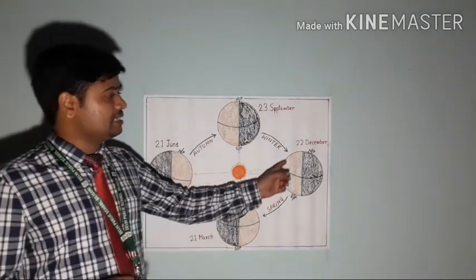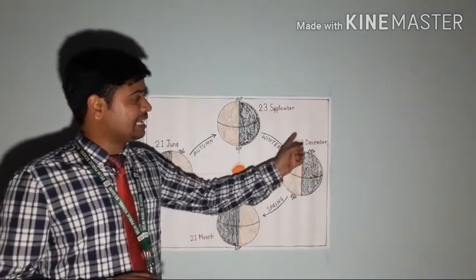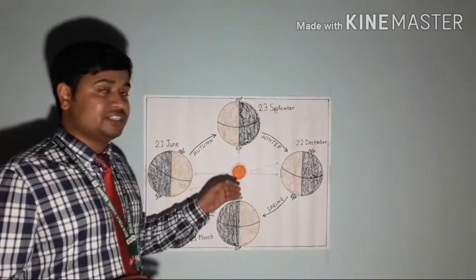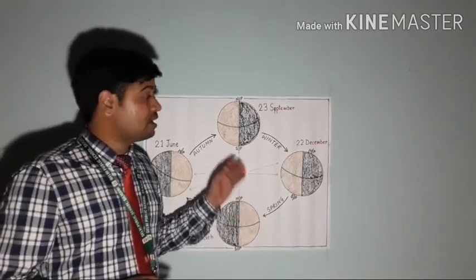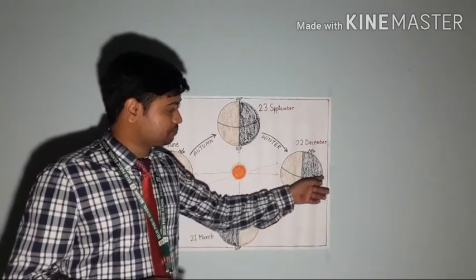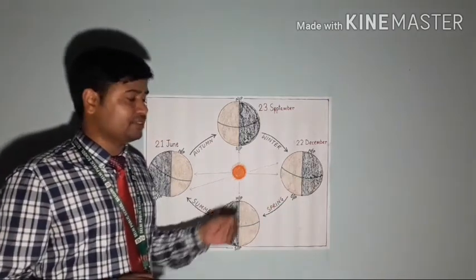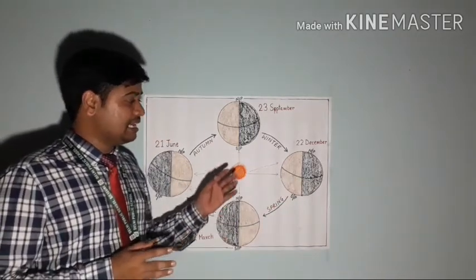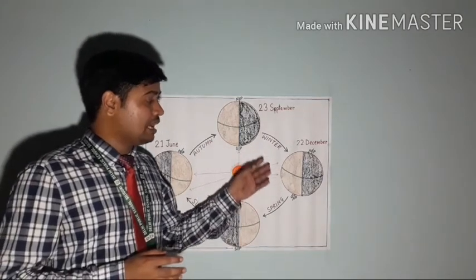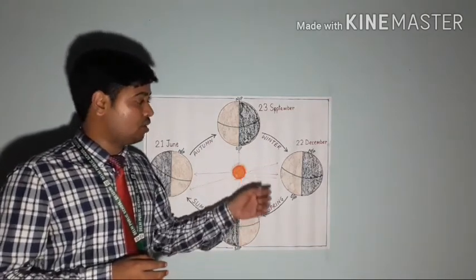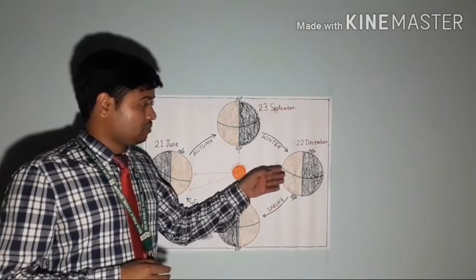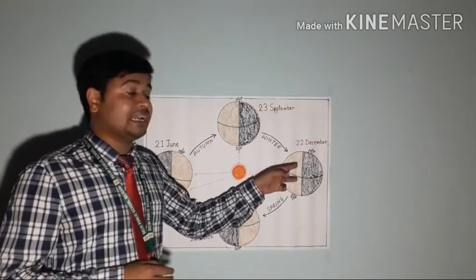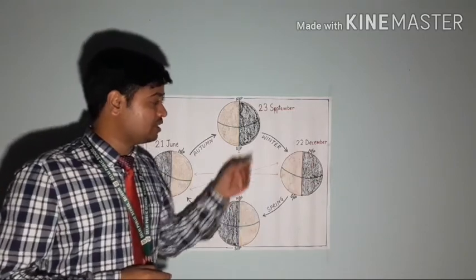Then next, on 22nd December, sun rays fall directly over the Tropic of Capricorn in the southern hemisphere, and the days are long and nights are short in the southern hemisphere, and days are short and nights are long in the northern hemisphere.